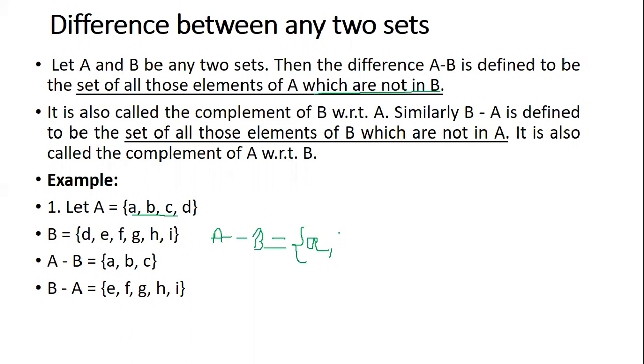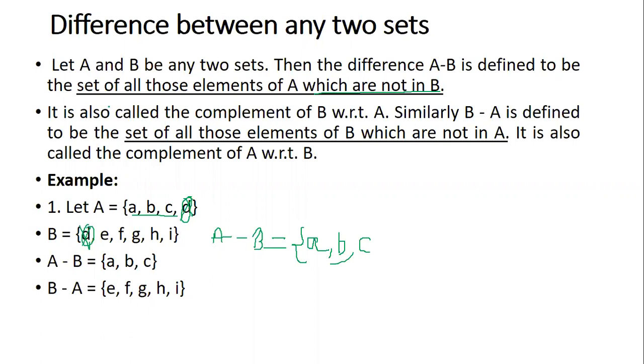No. Then I'll write down that. C is also not present in B. I'll write that also. Okay, so let's see the last one. D. This last small d is present in B. So since D is the common element, I will not write the common element.